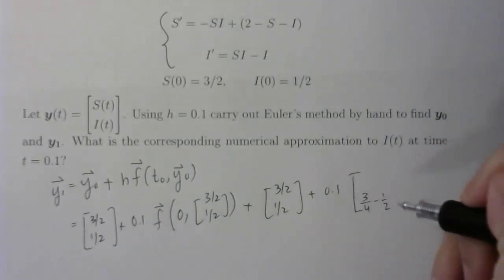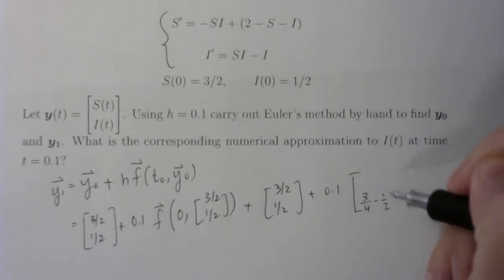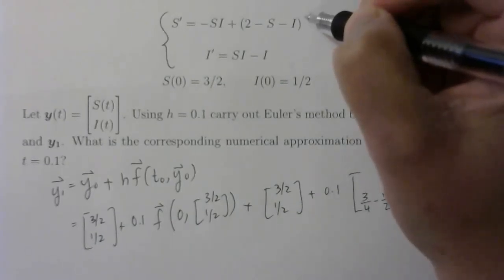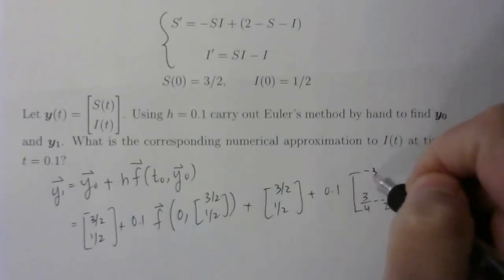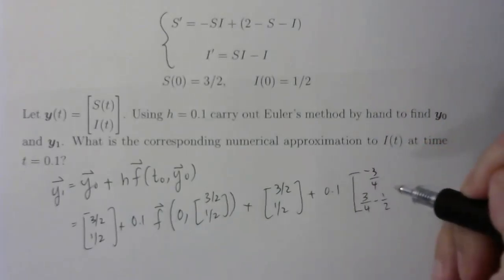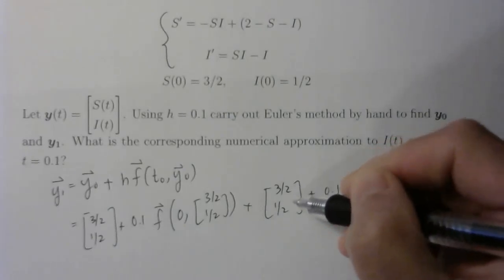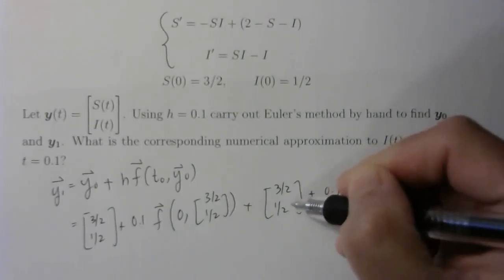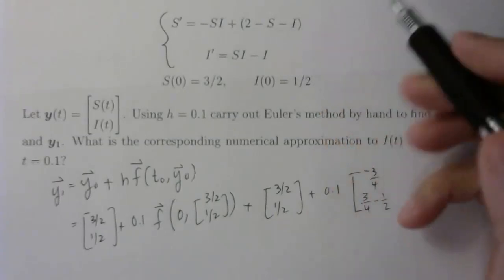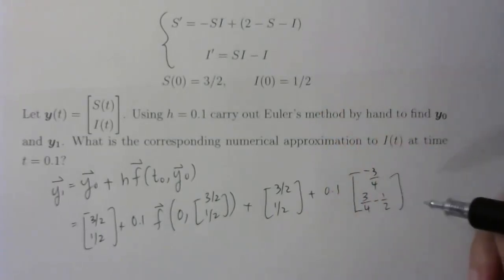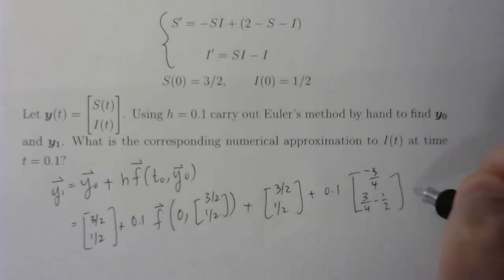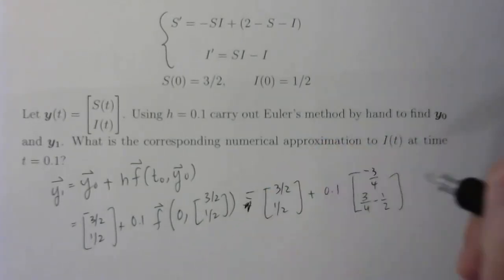And then for the first equation, minus 3/4 plus 2 minus s minus I. Well, if I sum s and I, this equals 2, so this whole term is going to be 0. Okay, so this is whatever it is, some number. Sorry, this should be an equal sign.